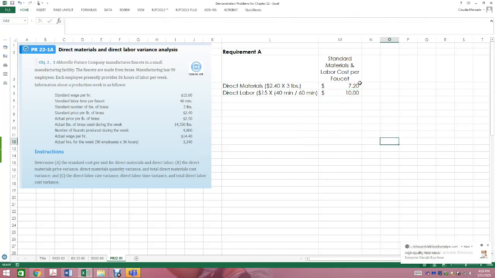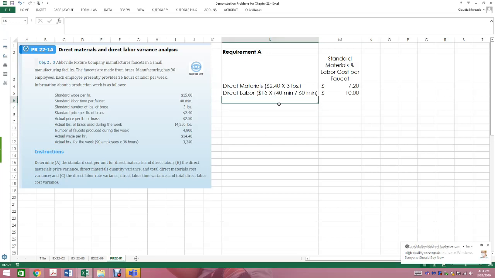I'm going to spend $7.20 in materials to manufacture the faucet. I'm going to spend $10 in labor. That's 40 minutes of my time, but these people are getting paid $15 an hour, so I need to divide the 40 over the 60 times my 15 to get my direct labor cost. They're asking you to determine the standard cost per unit.